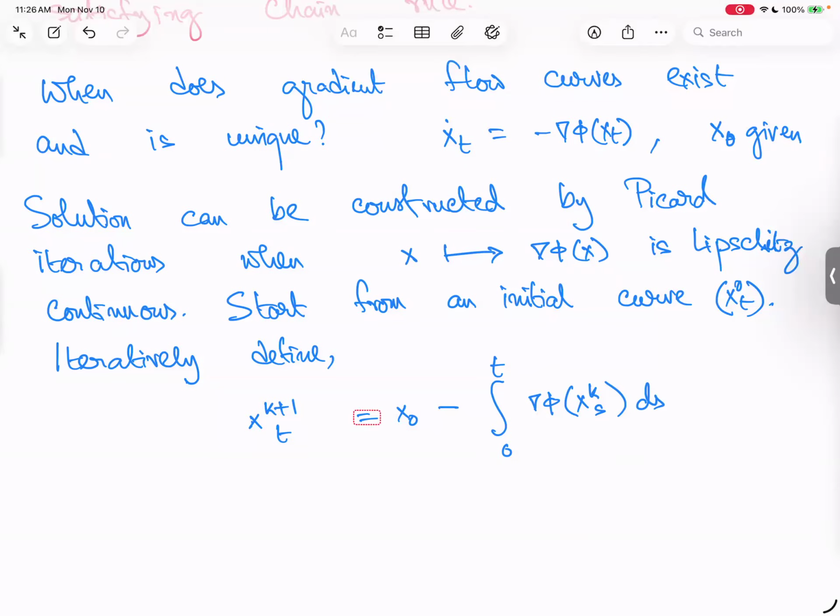Clearly, this is a scheme whose fixed point is going to give me the gradient flow. This is the integral form of the gradient flow. The gradient flow curve is going to be a fixed point of this iteration.